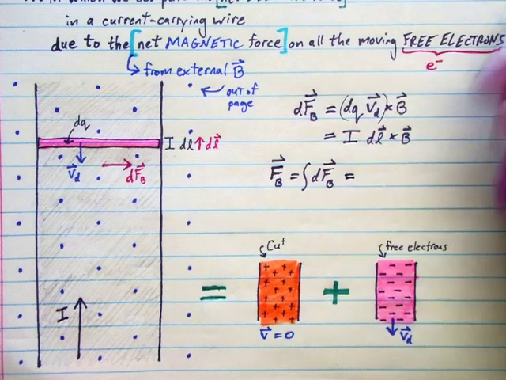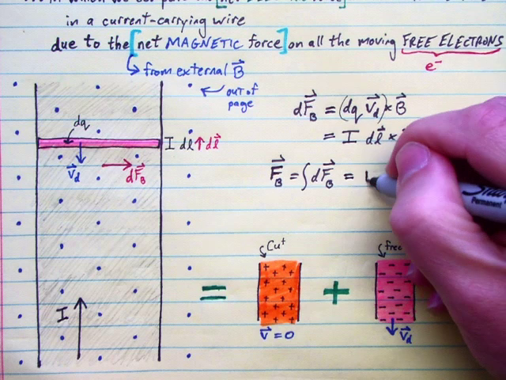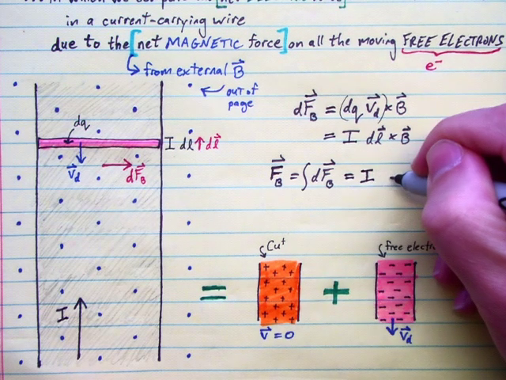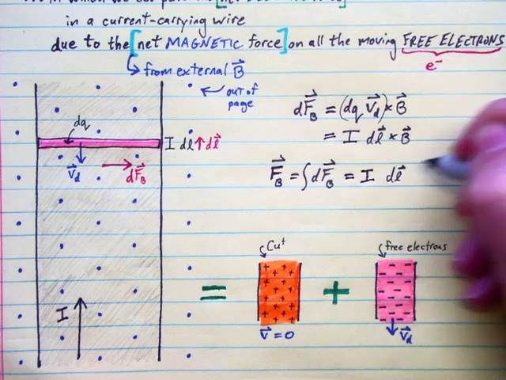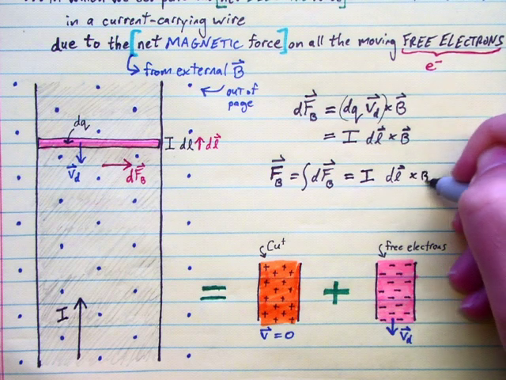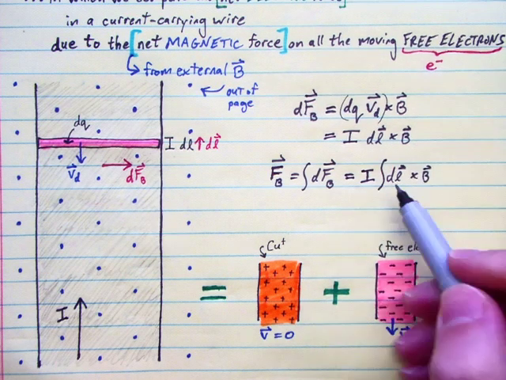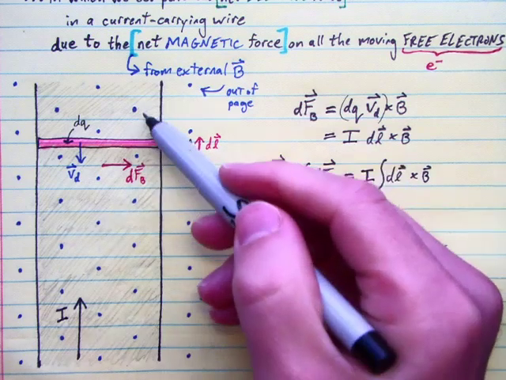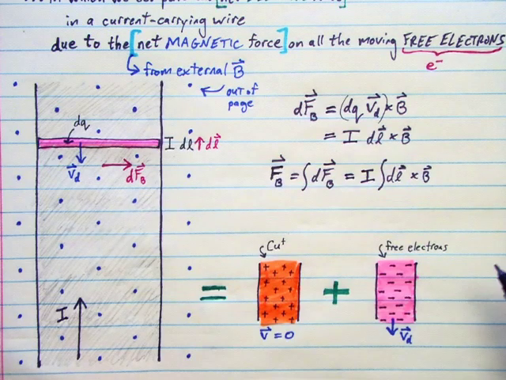So that'll be I times the integral of dl cross B. I'm pulling I out because I, of course, is constant for all those little cross sections.